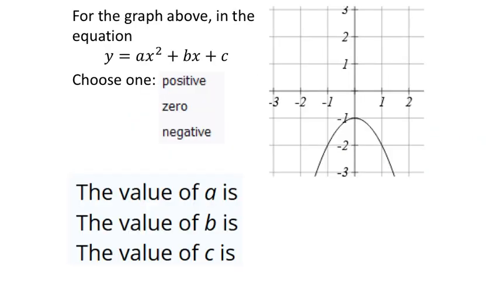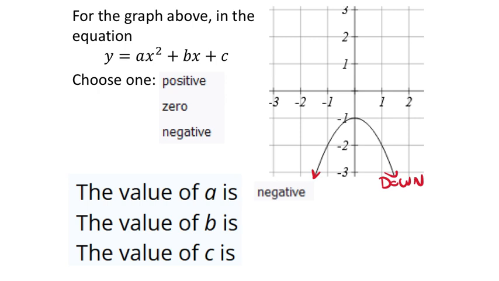So this problem will demonstrate that perfectly for us. Okay, now the first thing here, let's do the value of a. Well, this one's opening up downwards. So since it's going downward, then I know that my A has to be a negative. Okay, well, what about the B?